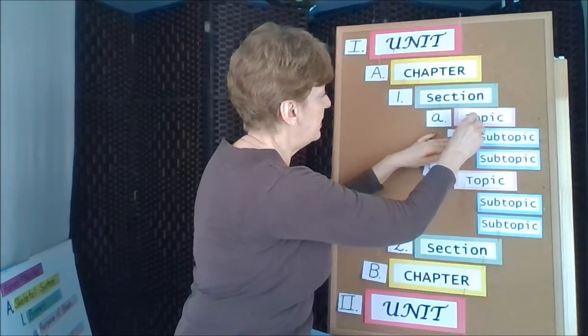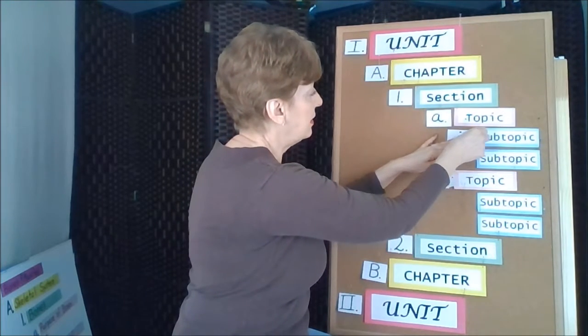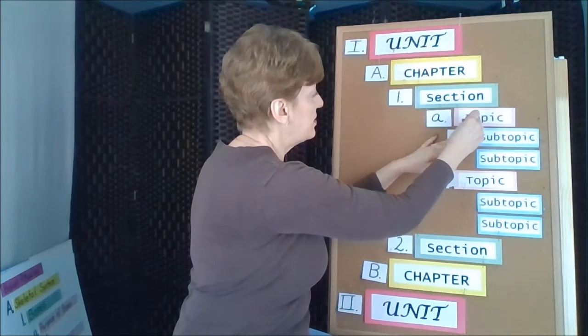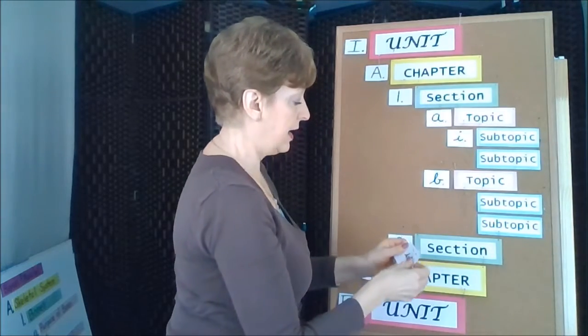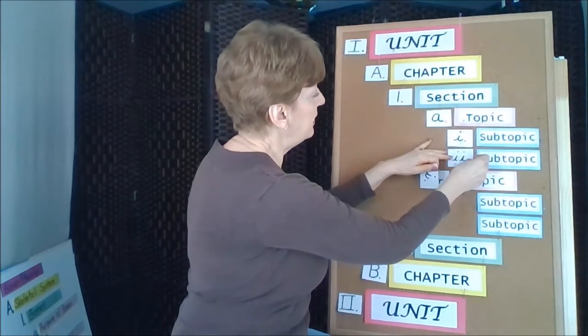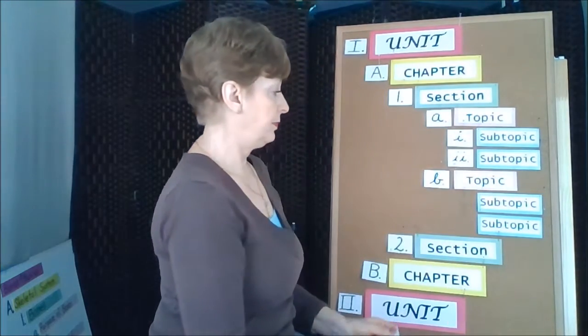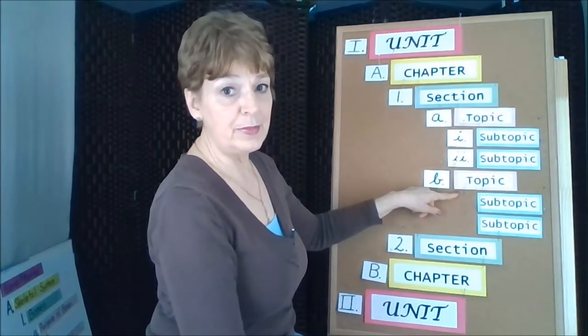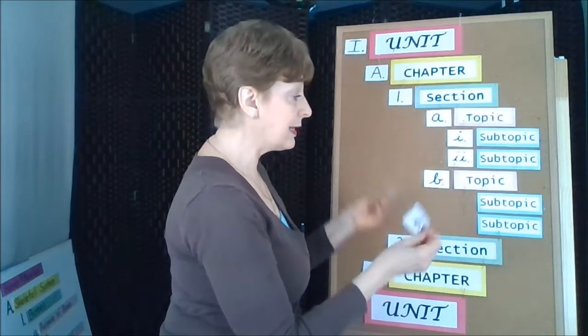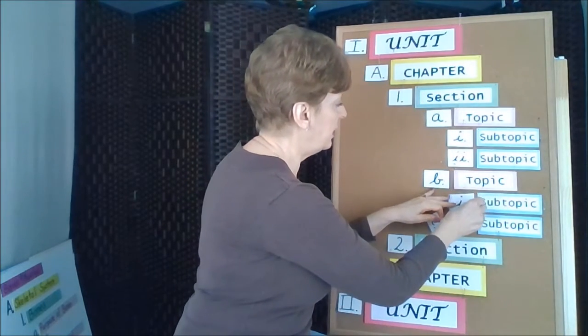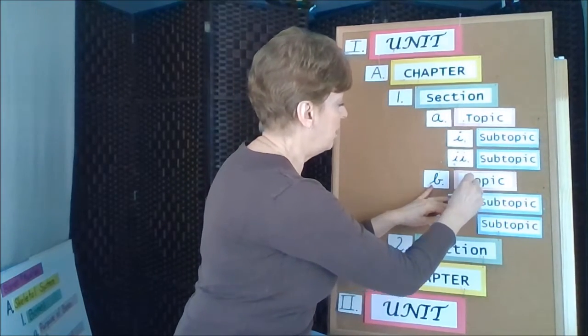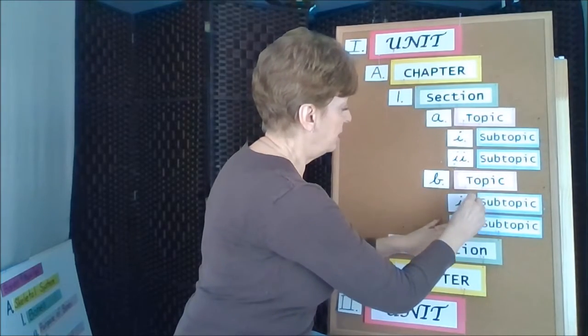So we take this capital I and make it a lowercase i for 1, and this is how we would say 2. And then, of course, this topic would have to have at least 2 subtopics to it. So this would be a 1 and a 2.